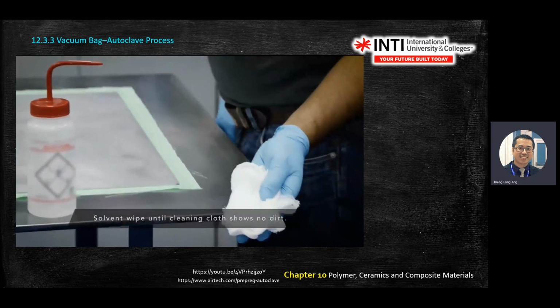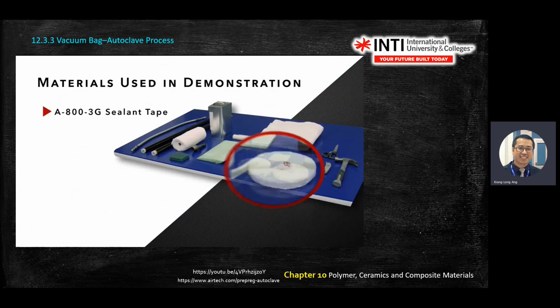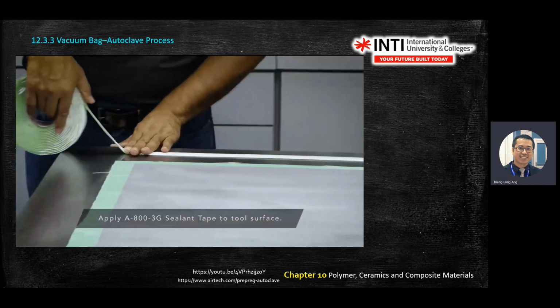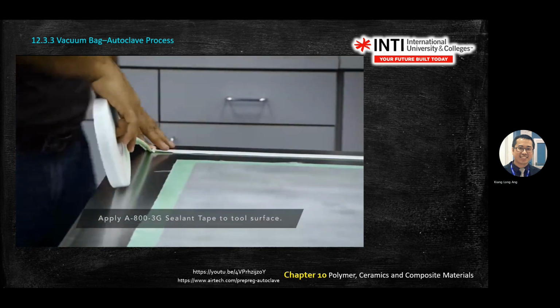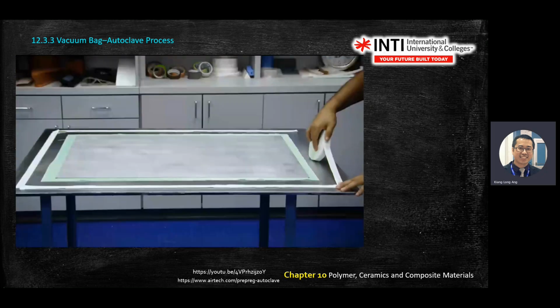You clean up because later the process is using vacuum. So if it's not clean, it might be dirty and make the product not very nice. So you want to tape the surface again, seal off the surface.